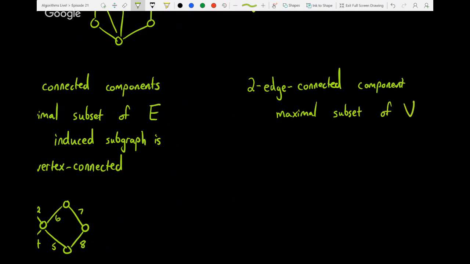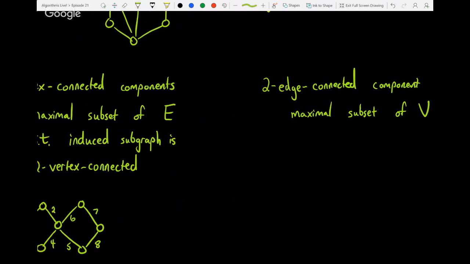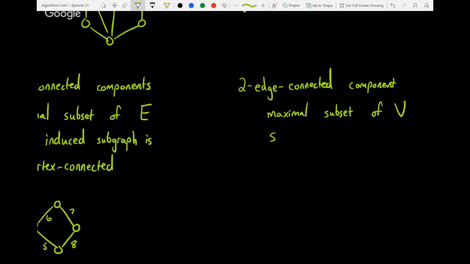So this is a vertex set, even though it says edge here, so that's a bit confusing, such that the induced subgraph is two vertex connected.